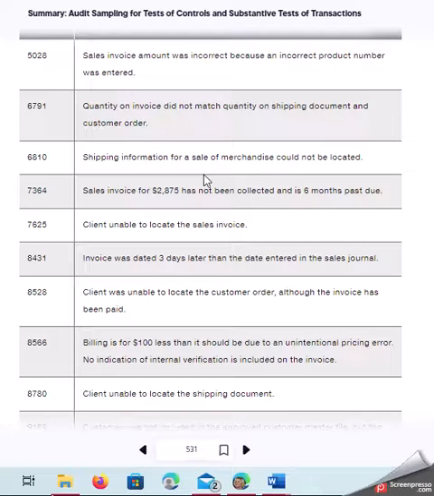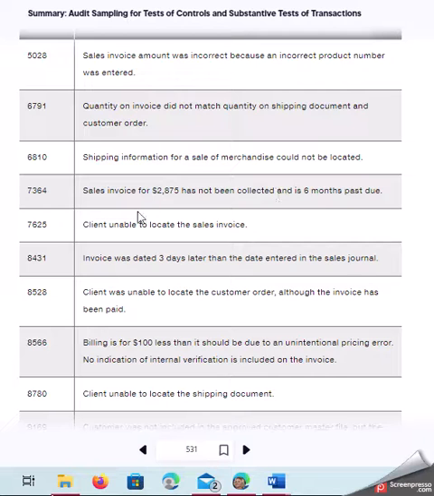Or you could go the other direction to test it. Did we see that inventory came out of our actual inventory? So whatever product we have on this invoice, did we actually see it come out of inventory and be shipped out? So just test the process that it really went through and that it really got paid.